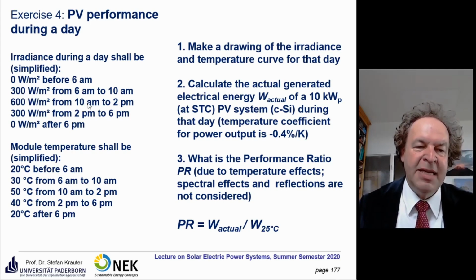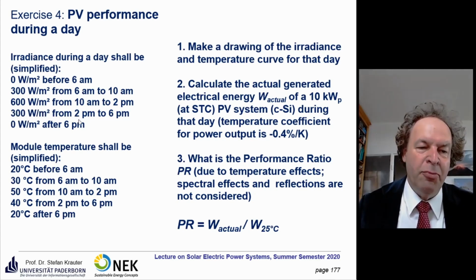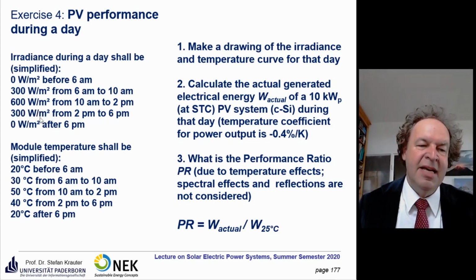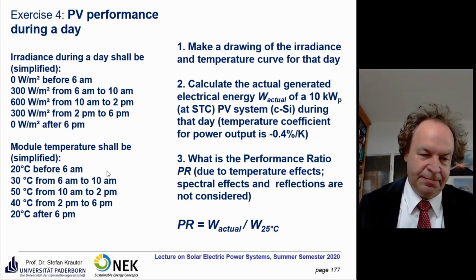So midday minus 2 hours, plus 2 hours around midday, and then in the afternoon it is reduced by 50% to 300 watt per square meter from 2 p.m. to 6 p.m., and then it's 0 watt per square meter after 6 p.m.